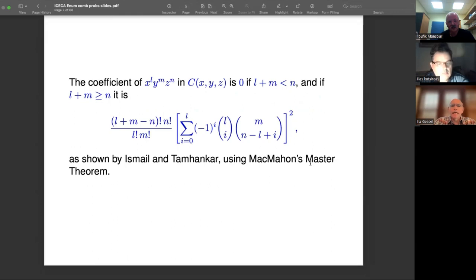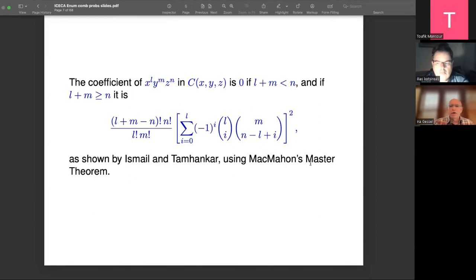More precisely, the coefficient of a particular monomial in c is 0 under some inequalities on the exponents, and under other inequalities we have this explicit formula. It's a square times a quotient of factorials, which is clearly positive. This was shown by Ismail and Tamhankar using MacMahon's master theorem.